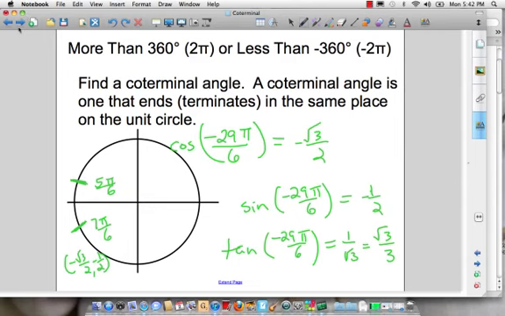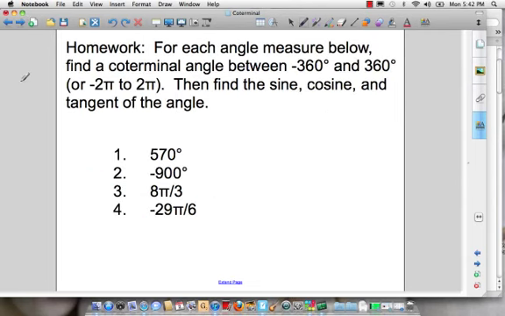Your homework assignment, you're going to find it very useful to have your unit circle handout so that you can find the sine, cosine, and tangent of each angle measure. Remember, numbers 1 and 2 are degrees, so for numbers 1 and 2, you're going to add or subtract multiples of 360 degrees to get a location that's already on your unit circle.